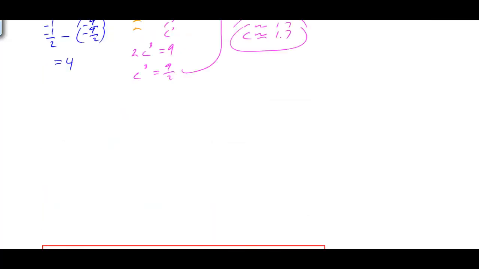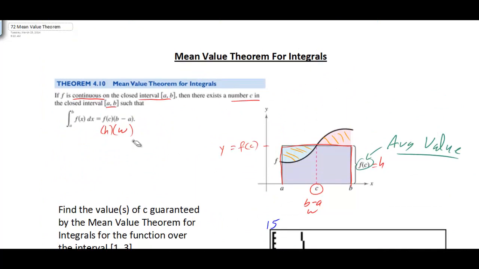Well, where does that come from? If we go back up and look at our mean value theorem, what if I solve this just like in an algebra equation, f of c times b minus a? What if I divide by b minus a on both sides? Then the b minus a on the right cancels out.